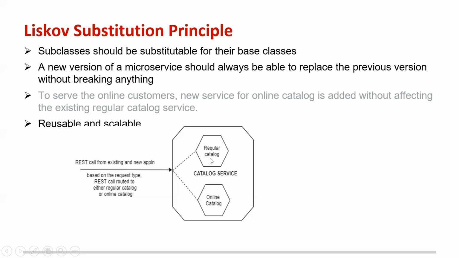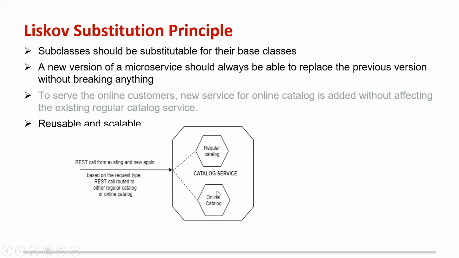Now the client would like to add a new feature: a separate catalog for the customers who make orders online. To support that feature, we are going to inherit the regular catalog service and make a new service called the online catalog.